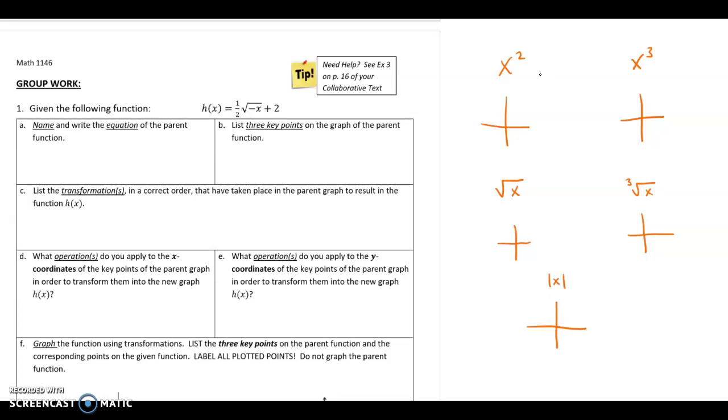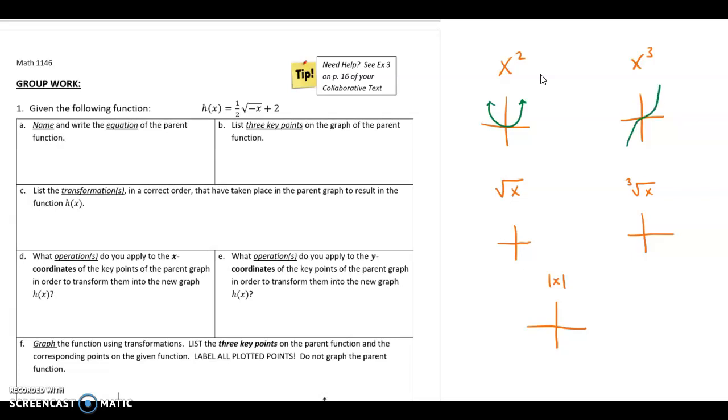So I'm going to draw what these things look like. There is a process in your notes where we draw those functions and then we study the key points of them. I think if you know what these graphs look like, it's going to be easier for you to get these key points. The first one is x squared, and that one takes a U shape.